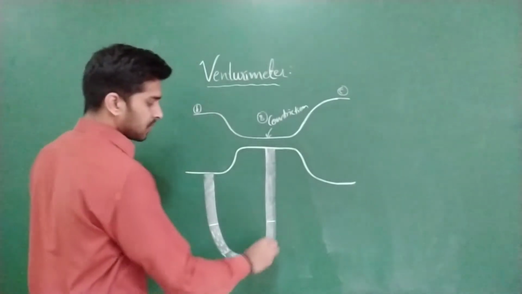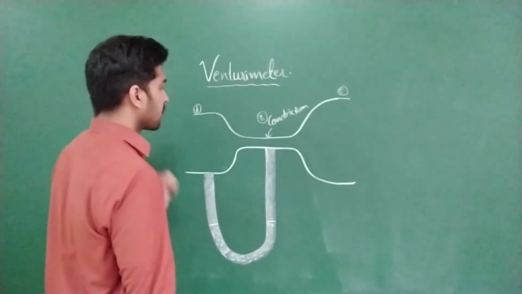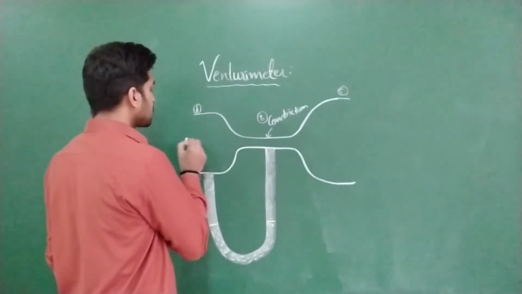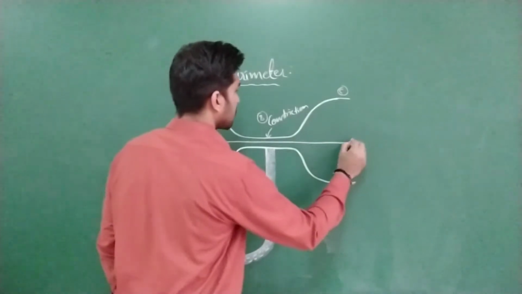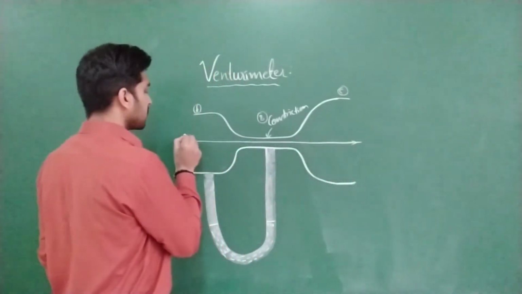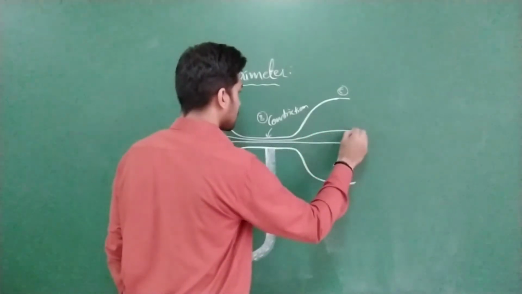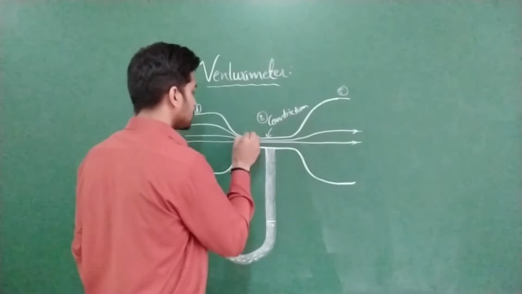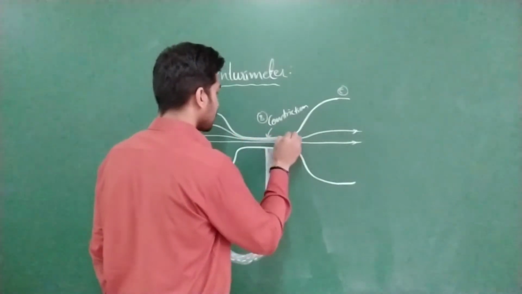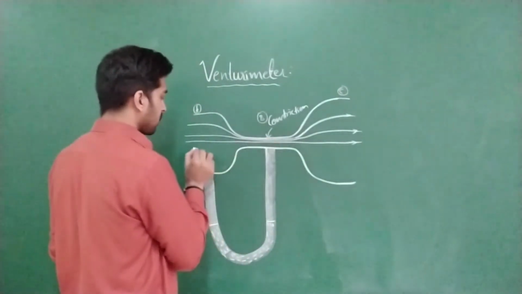Now fluid is passing in this manner. These are streamlines, the path followed by the fluid. Streamlines will never intersect each other, remember. Here they are not intersecting.